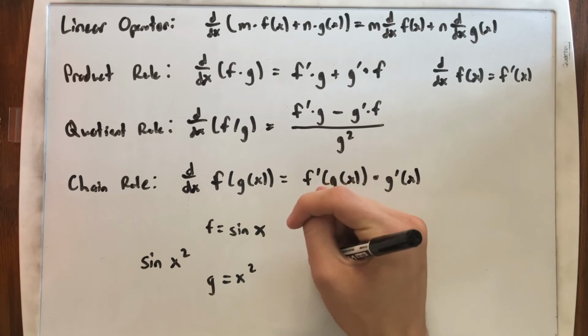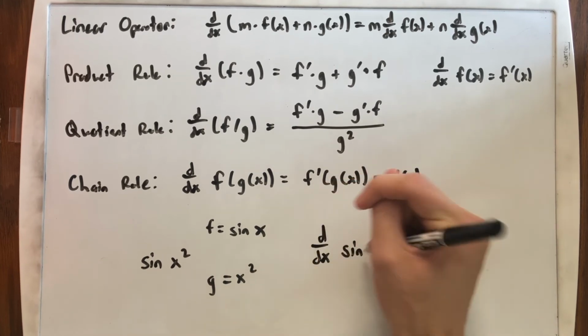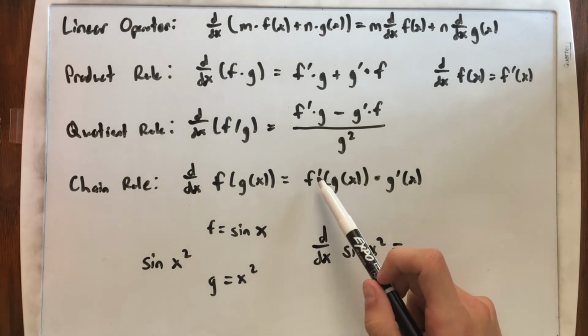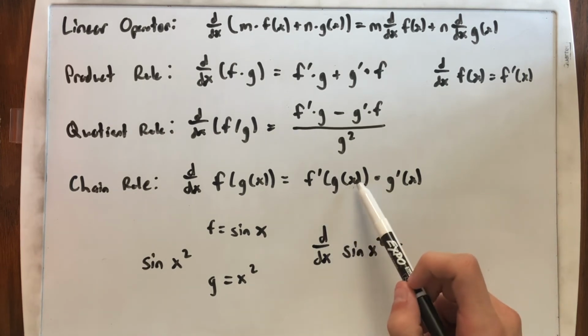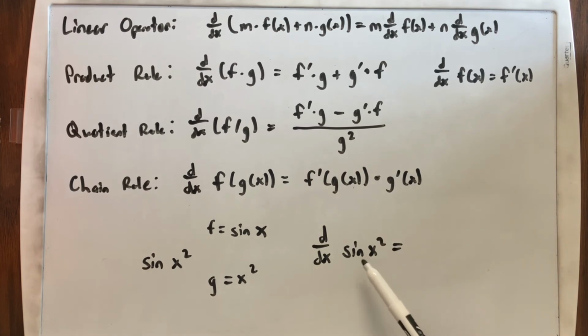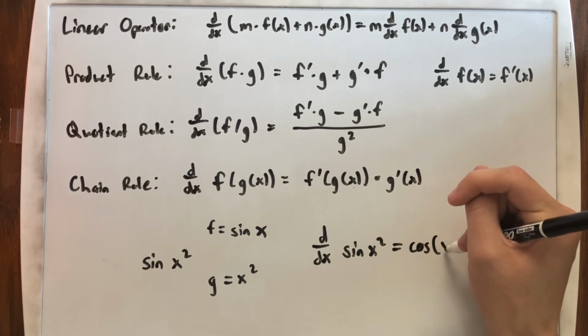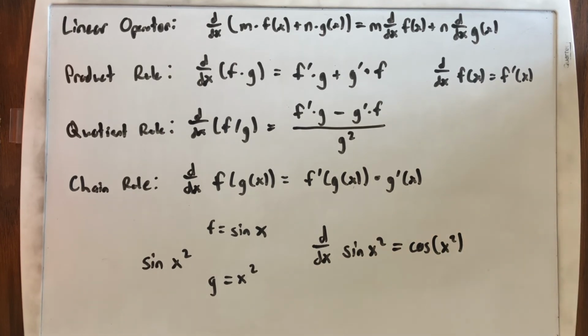So that means that this derivative would be equal to, well, we have to take f prime with the same g of x inside of it, so that means we differentiate sine to get cosine and keep the x squared inside.